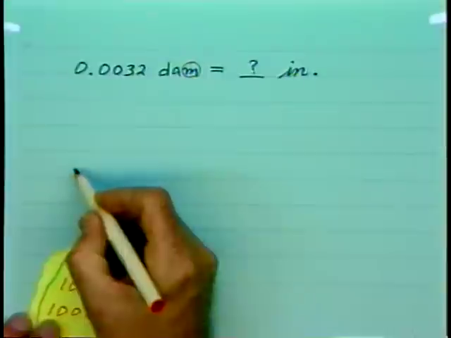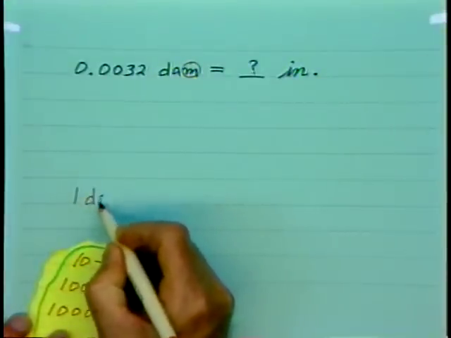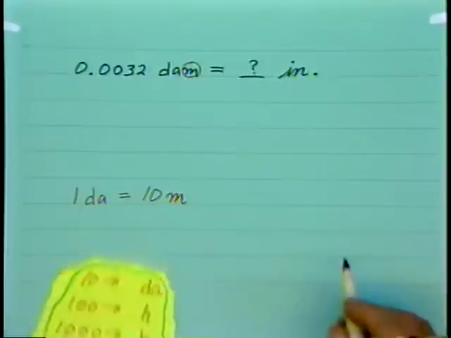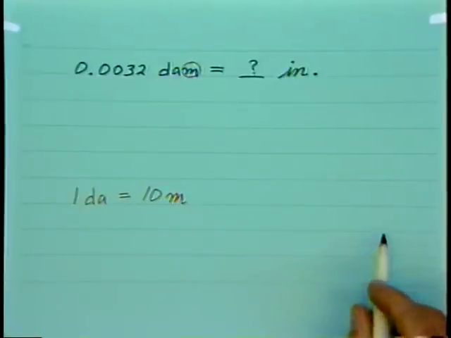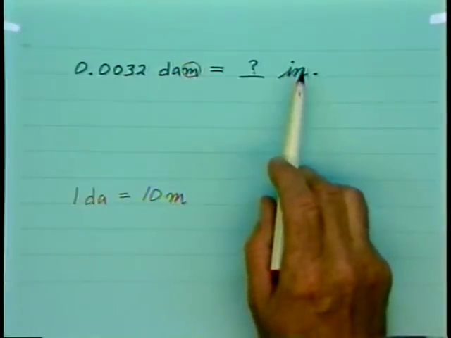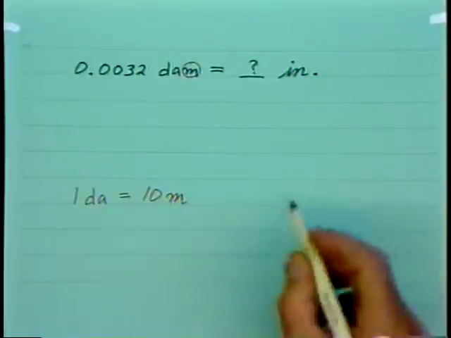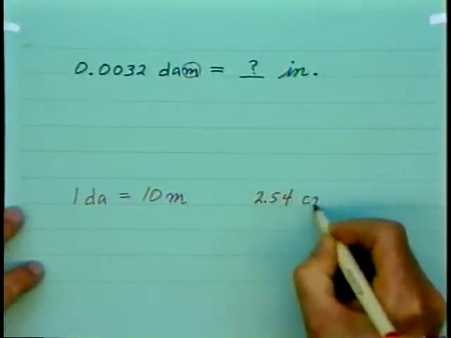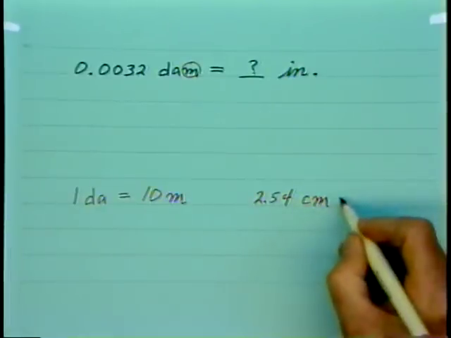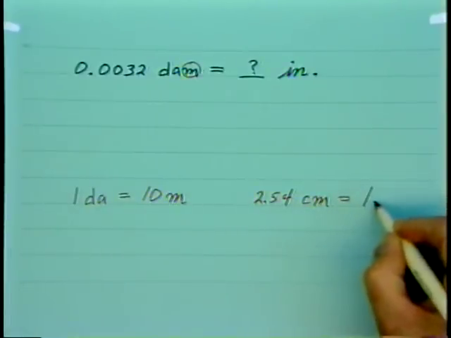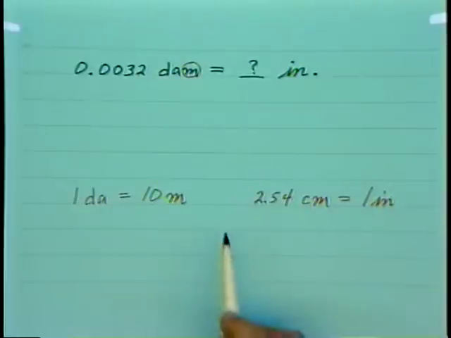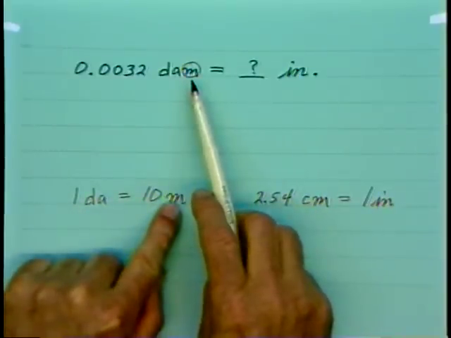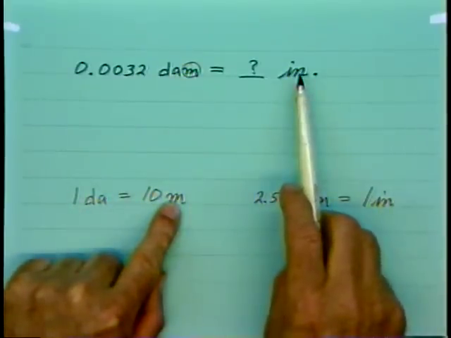So let's make a note of that. 1 dA is 10 m's. And if we wish to go into inches, we notice that another table says 2.54 cm, centimeters, is 1 inch. So this will let me go from dA to m, but I don't want m, I want inches.